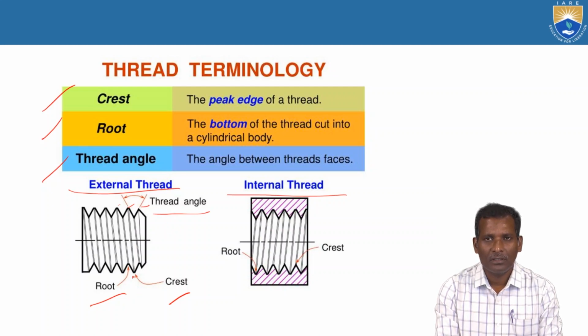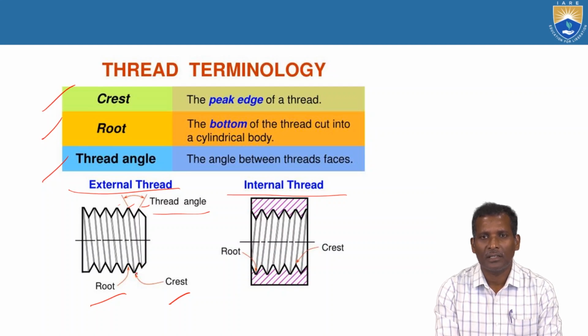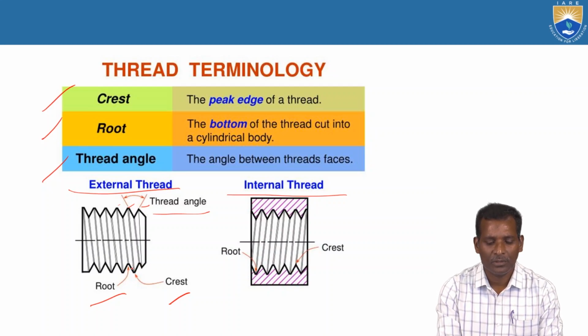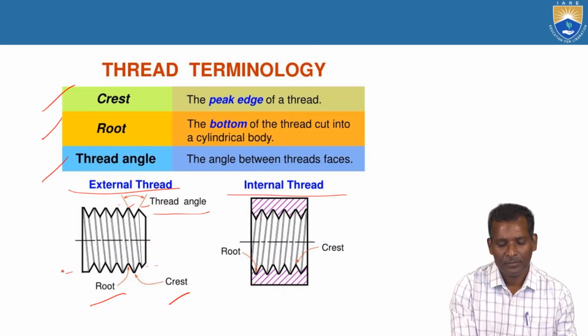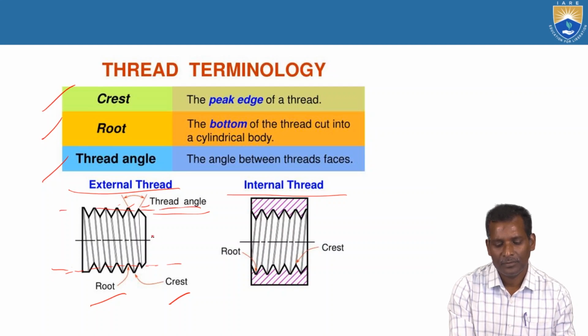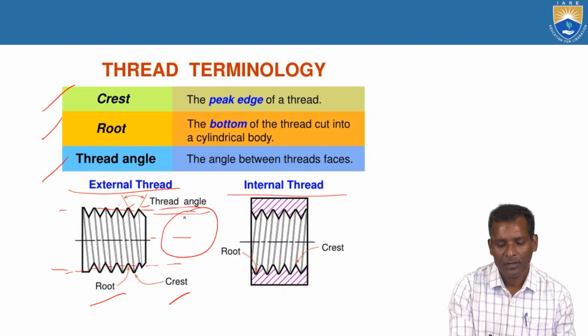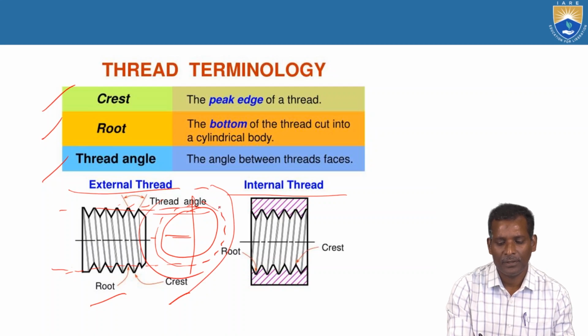The root is the bottommost portion. And suppose you draw an imaginary circle through this imaginary line, that is the root circle. You can draw a side view, an imaginary circle and an outer circle.